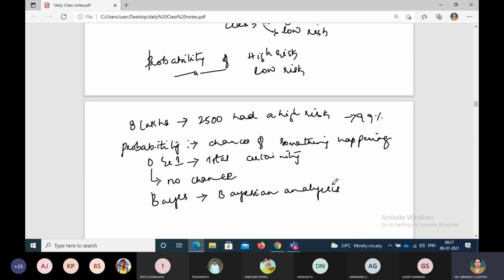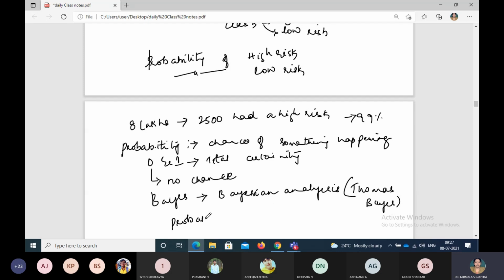This Bayesian analysis is mainly based on the work of a mathematician named Thomas Bayes. Thomas Bayes was the mathematician, and Bayesian analysis is derived based on the work done by Thomas Bayes.